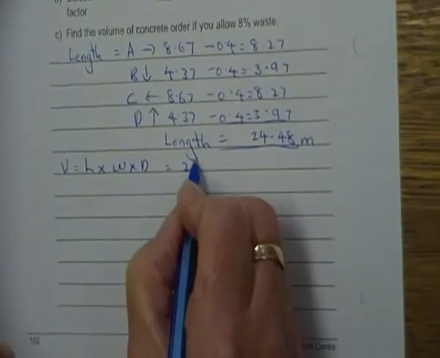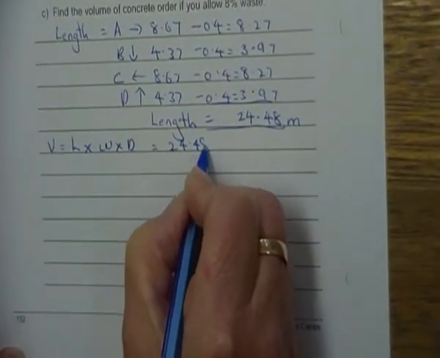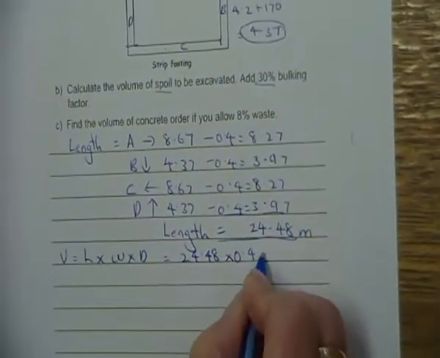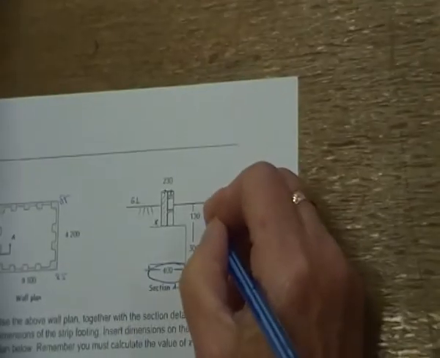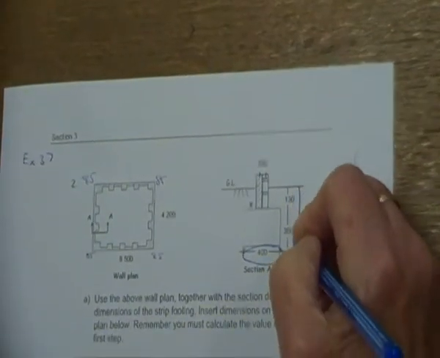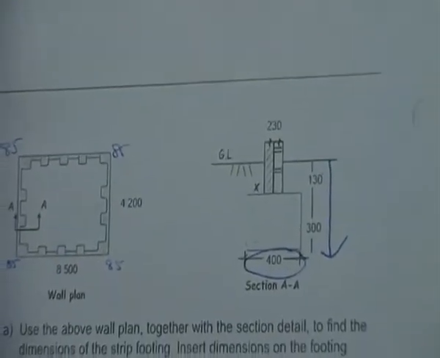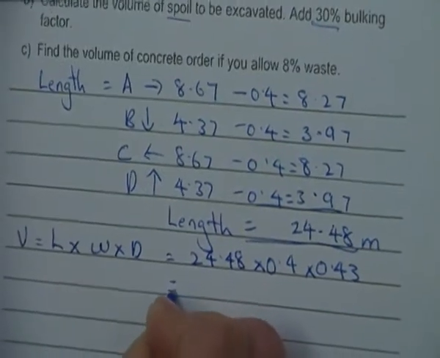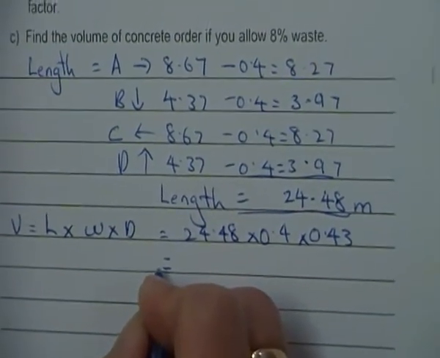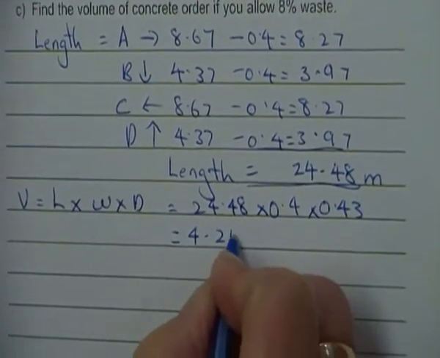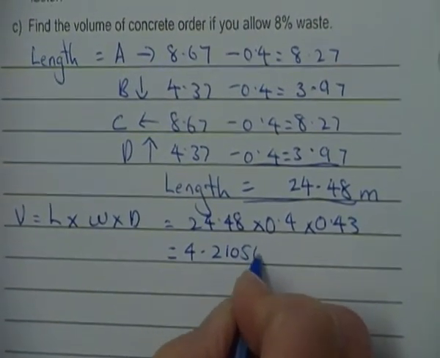So we're doing 24.48 times the width of our footing, which is 0.4, times the depth. Now this is the bit people forget. It's going from ground level down. So 130 plus 300, so 430, so 0.43. And that's going to give us a volume of 4.21056.